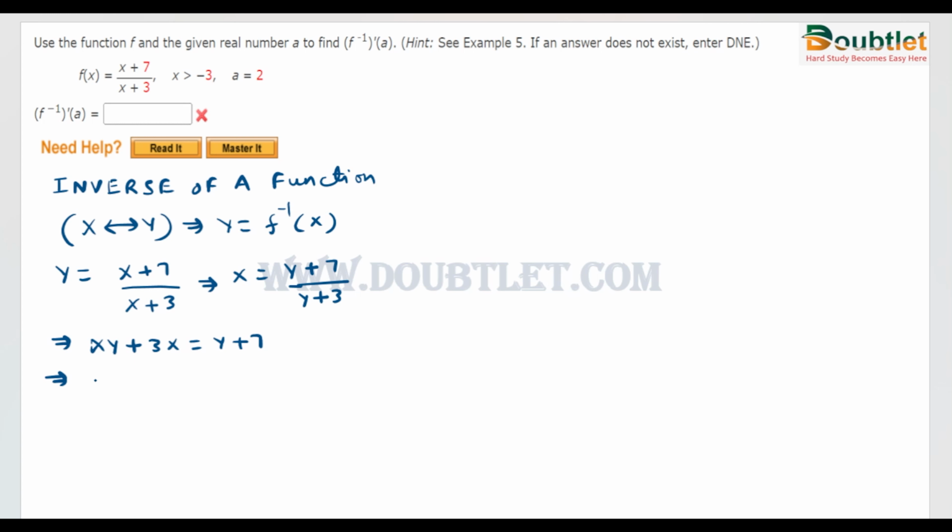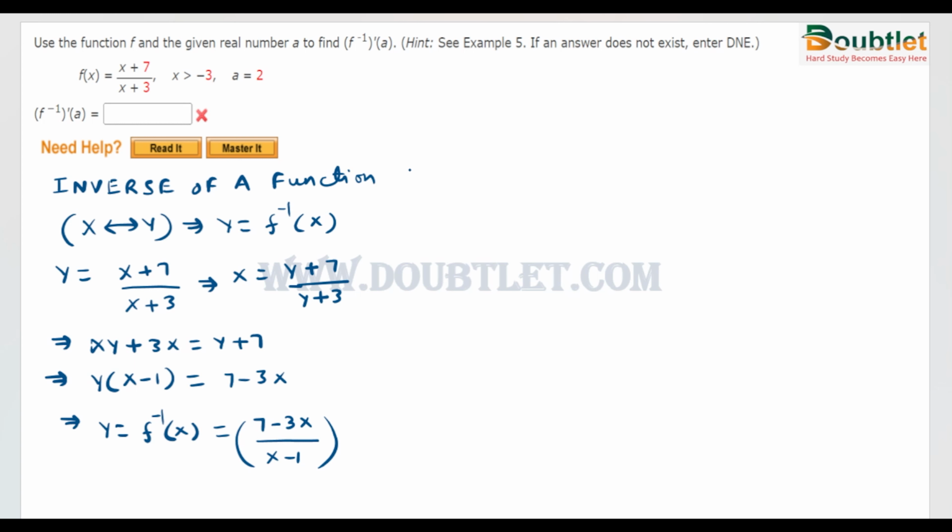Then if we take y to the left side, we can write y multiplied by (x - 1) equals 7 - 3x. So we can write the inverse function as y = f inverse of x = (7 - 3x) divided by (x - 1).